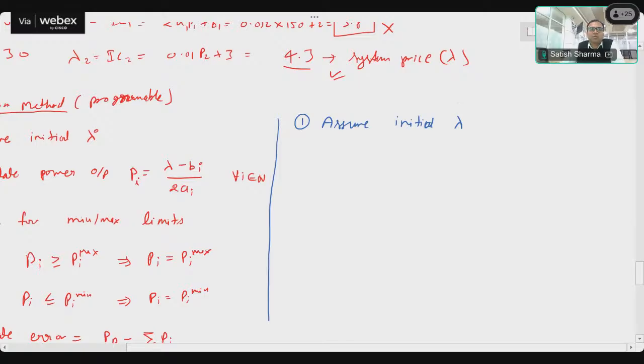We will assume some lambda node. Along with that, we will assume some Pi. So let's say P1 node, P2 node, and so on, Pn node. So I will assume some power injection as well. Once we have identified these power injections, we will calculate.